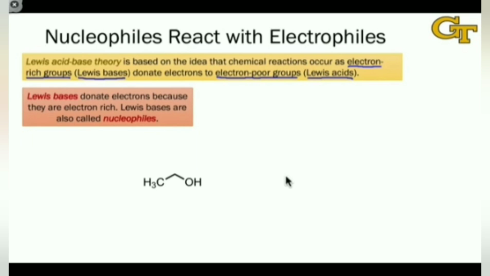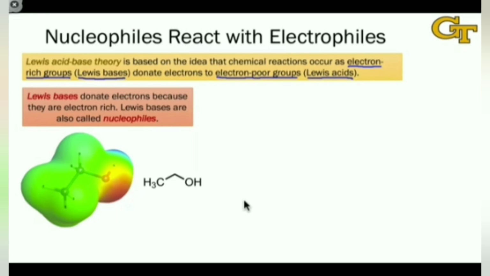Consider the example of ethyl alcohol, where oxygen is present, which contains rich electron density. In the graphical space-filling model of ethyl alcohol, the red part is electron rich, the green part is neutral, and the blue part is electron deficient.